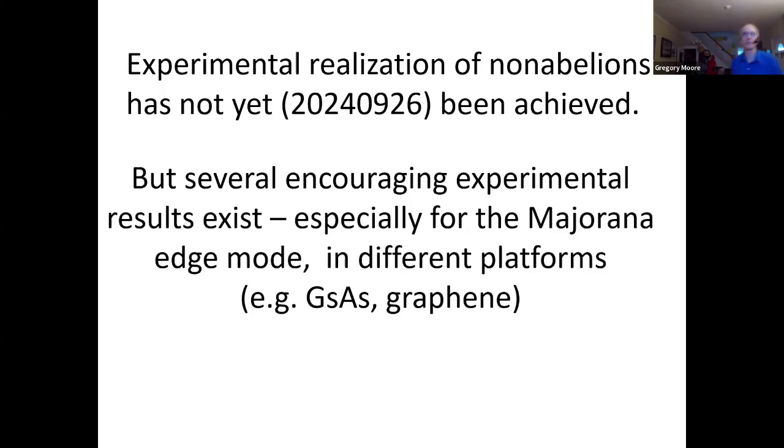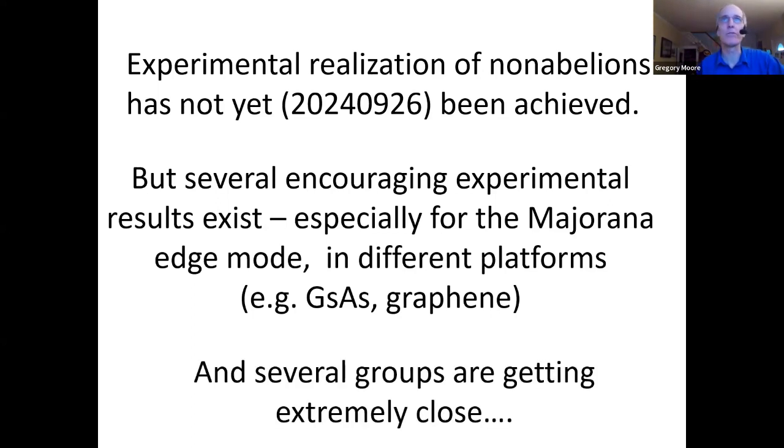Bob Willett has been studying the 5/2 effect in gallium arsenide for a long time. And now also graphene and other platforms are being considered. And I would say that several groups are getting extremely close. So it will be quite interesting to see if there really are experimental realizations of these ideas of modular tensor categories. So that's the end of my story.